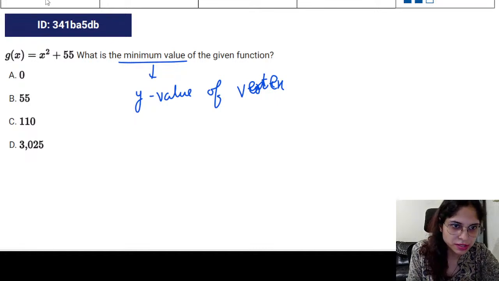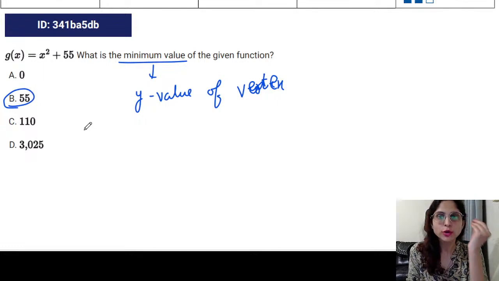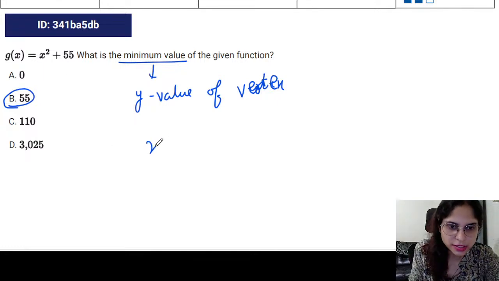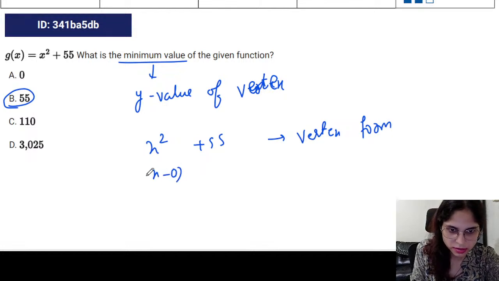Yeah, 55 is the minimum value, so my answer is 55. Got it? And also, you don't even need to go to Desmos because this is x squared plus 55, so this is your vertex form. You have x minus 0 whole squared plus 55.